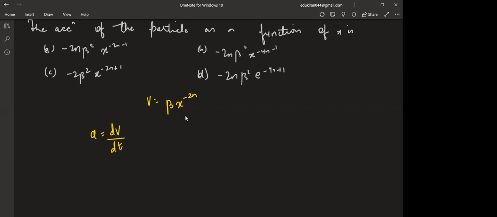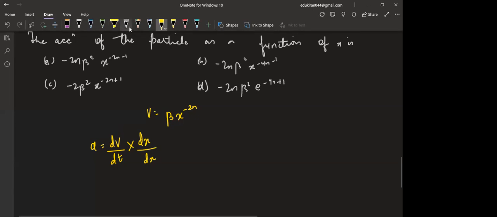This is with respect to time, right? No. So what we can do, if we divide and multiply it by dx, what will happen? They'll cancel, that will be 1. So we can divide and multiply by the same quantity.